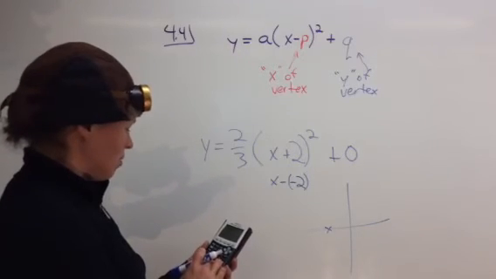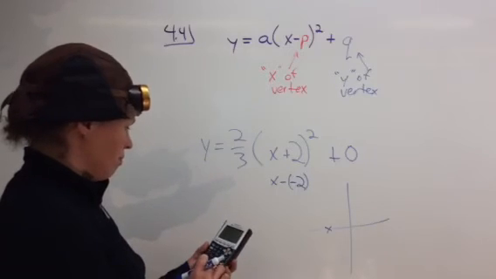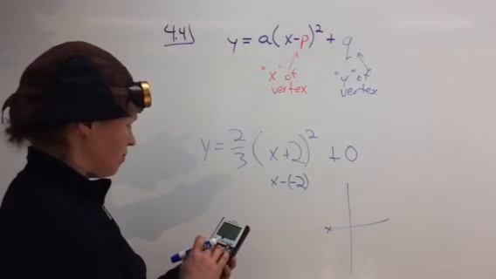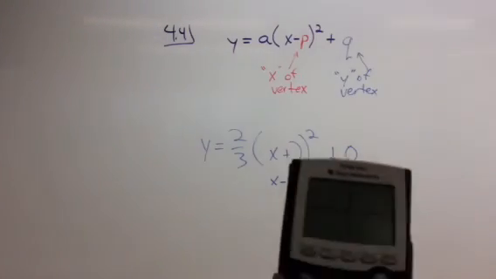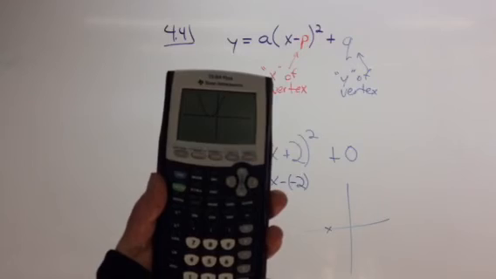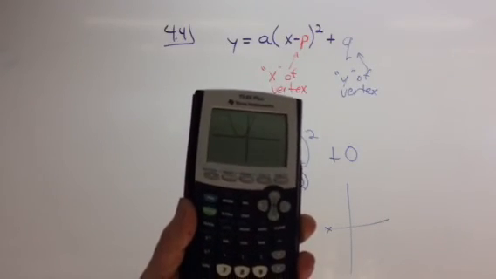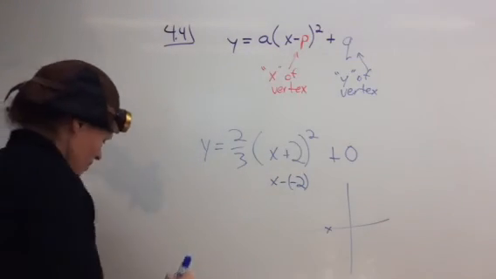And then I'm going to put the bracket for x plus 2 close bracket squared and hit my graph button. And you can see, dun dun dun, that indeed it is where I said it was going to be. Yay! And it opens up because this is positive.